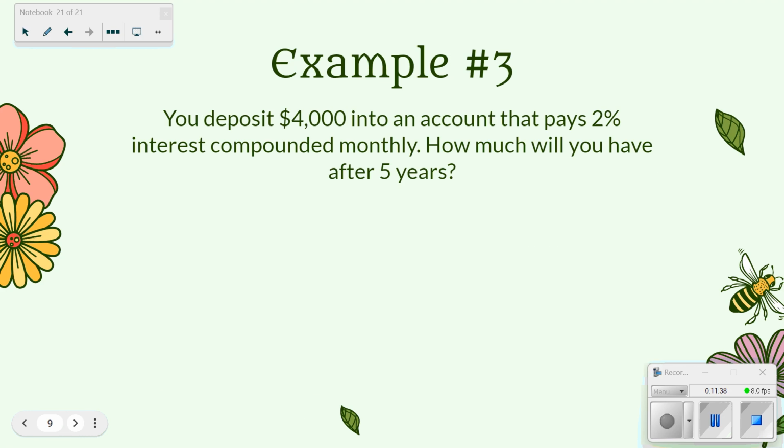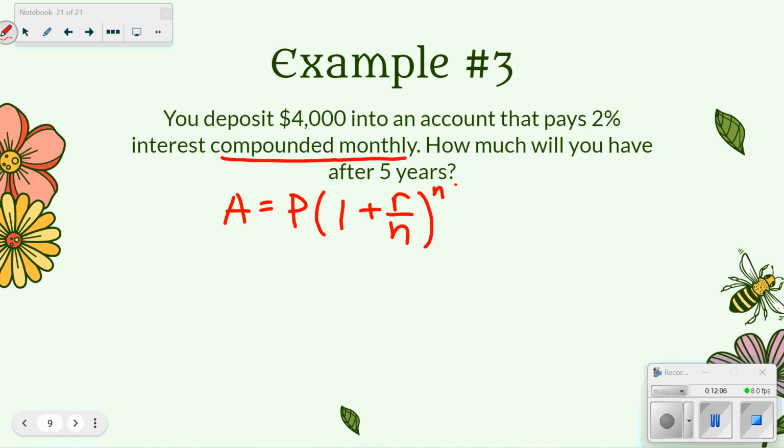So let's check out example 3. You deposit $4,000 into an account that pays 2% interest compounded monthly. How much will you have after 5 years? So obviously this phrase here, big key idea, compounded monthly, which means I would be using my compound interest formula, not continuous. A equals P times 1 plus R over N, raised to the NT.